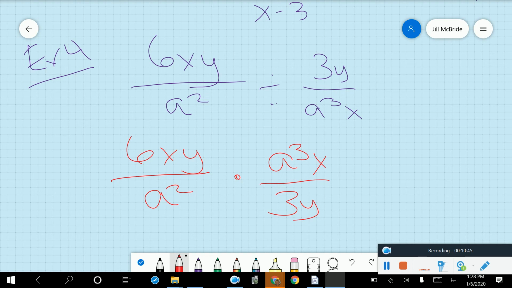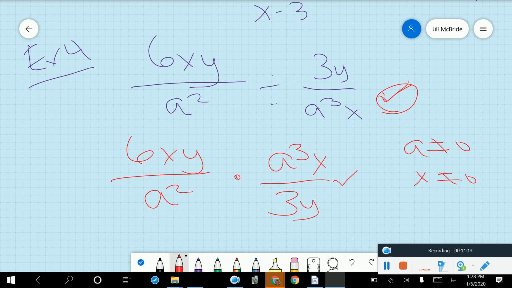Okay, so now let's talk about all the restrictions. It's kind of complicated on this one because the original problem has to exist and it has to exist when I flip it over. So let's look at the original problem up here. In this problem, this is telling me a can't be 0 and x can't be 0.